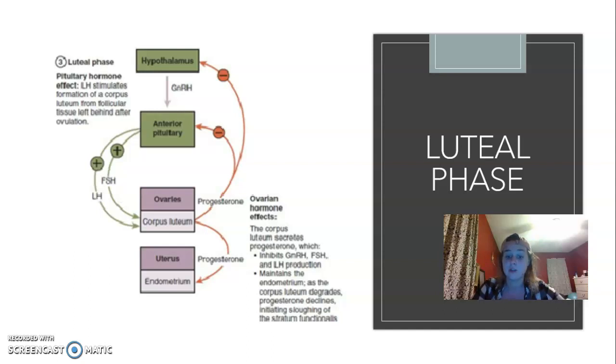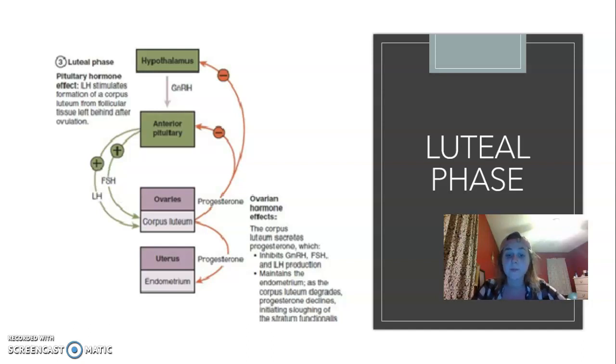So instead of estrogen, we switch over to a copious amount of progesterone being produced by the granulosa and theca cells of the corpus luteum. And this hormone is essential in maintaining a pregnancy.